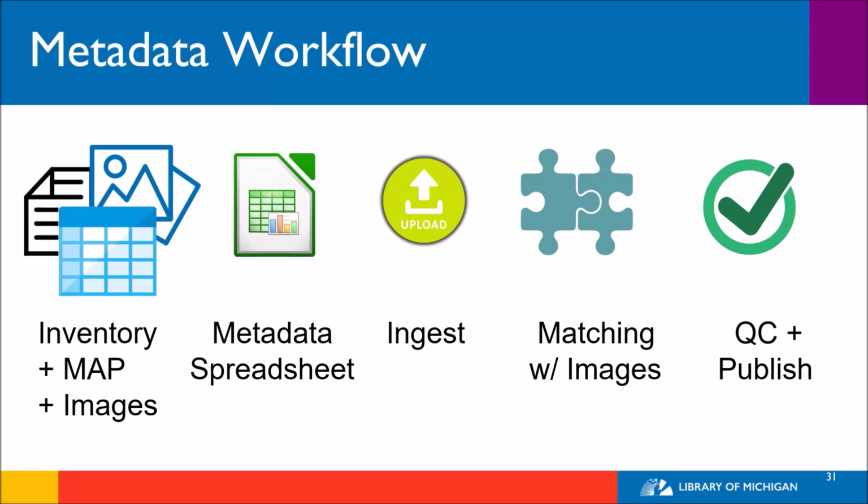So you start by gathering all the things you need. You have your images to look at while you're describing them. You have your map for reference. And if you're lucky, you may also have a basic inventory or scanning checklist to work with. I'm really lucky because the person who does our digitization is very organized.